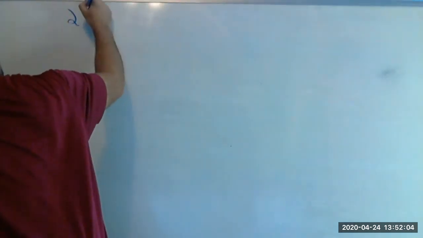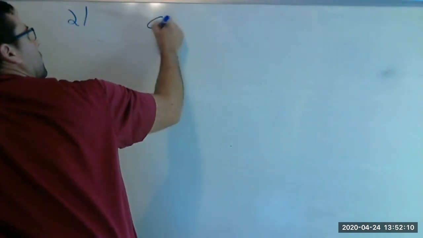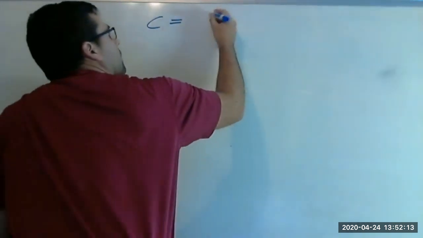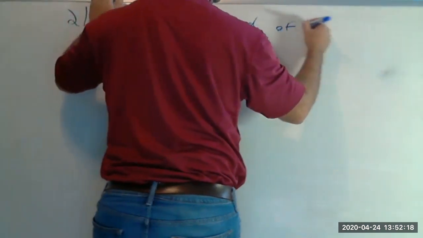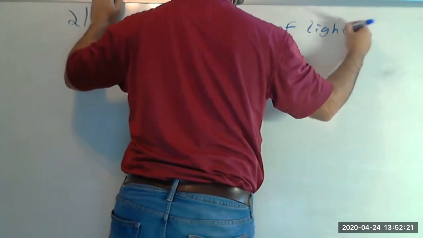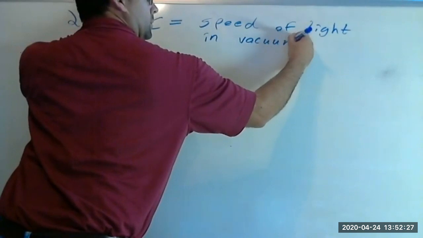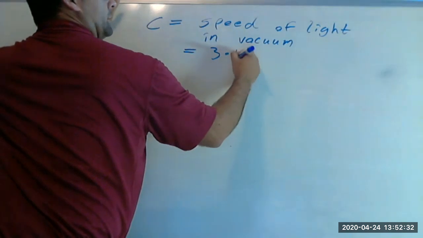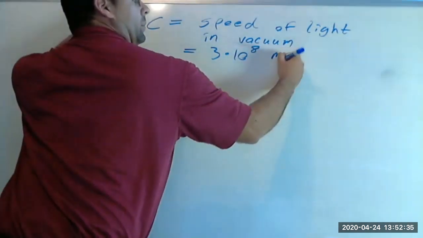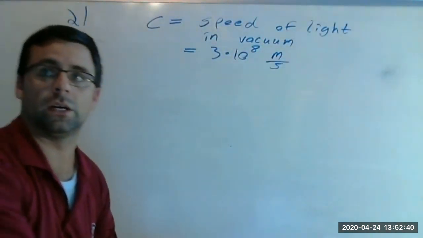This was all in chapter 21. So the speed of light in a vacuum is 3 times 10 to the 8th meters per second, and it is constant.